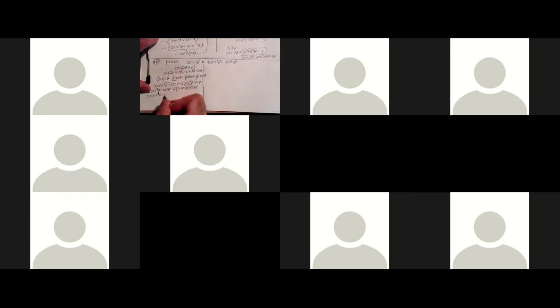All right, so what are we going to do? Well, what we're going to do here is this. We have 2 times cosine theta, and that 2 cosine theta is going to have to get distributed into 1 minus cosine squared theta. So we're going to have to use our distributive property. This has to distribute into the 1 and also the negative cosine squared theta. We have to distribute.